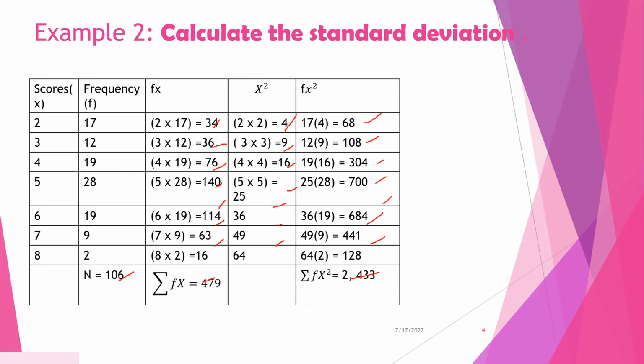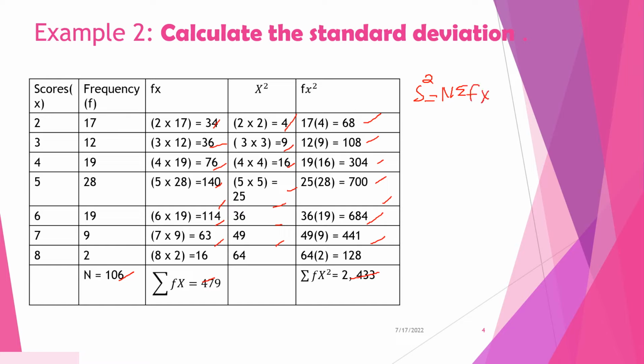The total of the frequency times the square of the scores is 2,433.